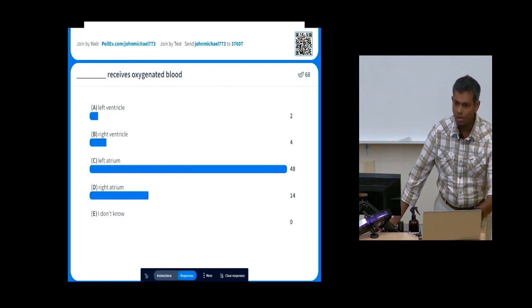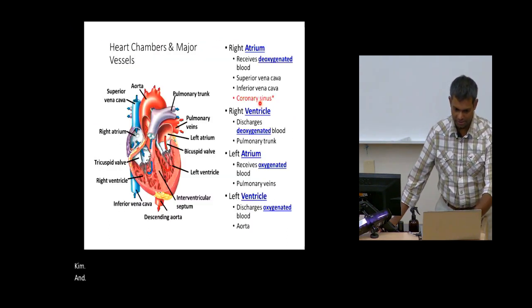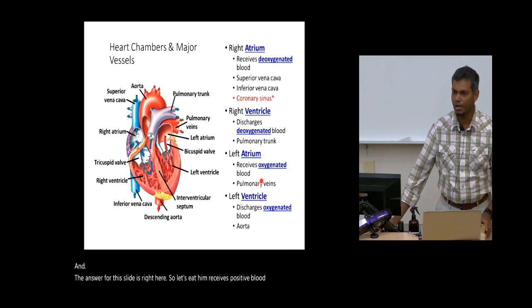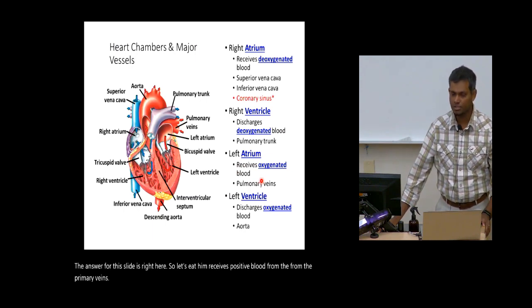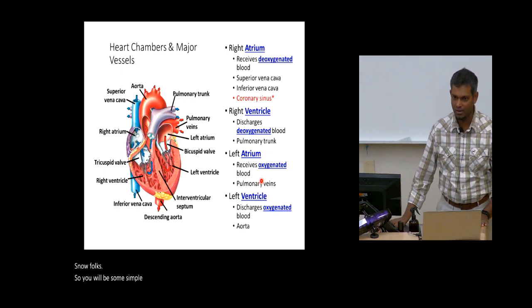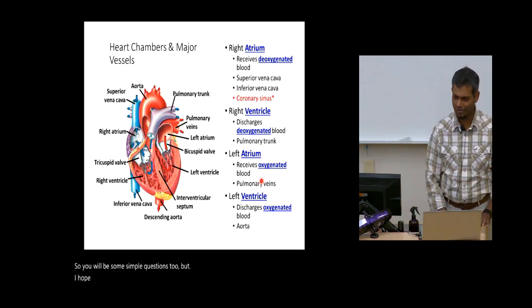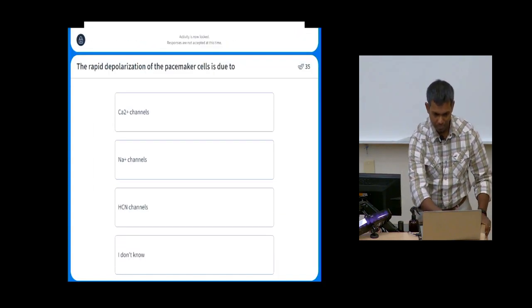Okay, most of you said left atrium, and the answer for this slide is right here. So left atrium receives oxygenated blood from the pulmonary veins. Is this clear, folks? So there will be some simple questions too, but I hope you are ready for most of them, right? That's why I tell you to do the key questions.